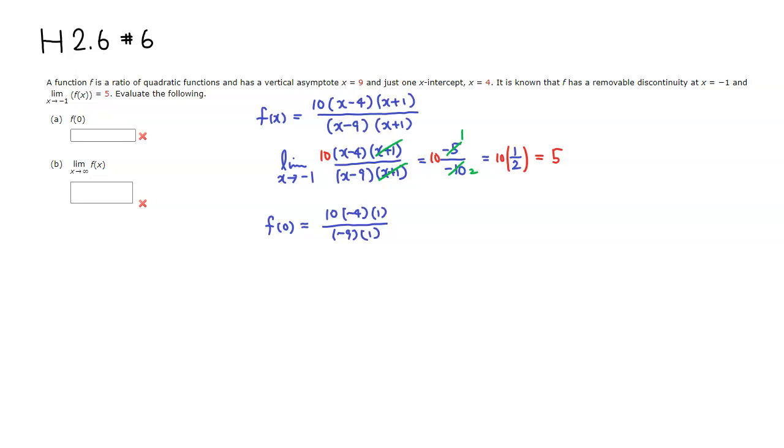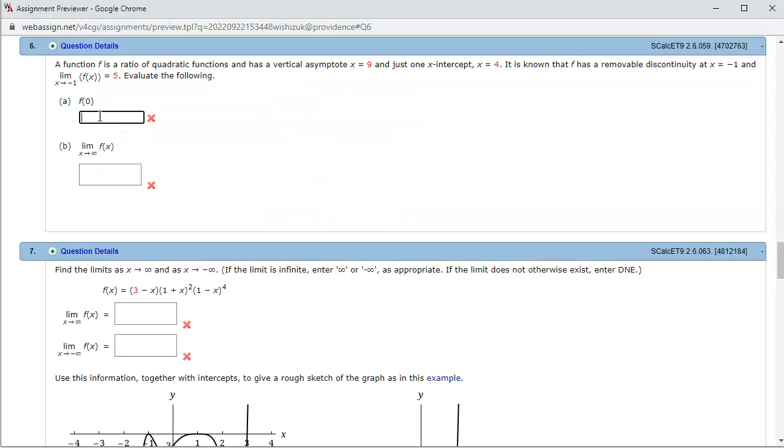So the 1 really doesn't do anything, and the negative sign goes away, so you have 40 over 9, since 4 times 10 is 40. Let's type it in: 40 over 9. Let's go ahead and check the answer. Alright, I came back. Looks like we got part A correctly.